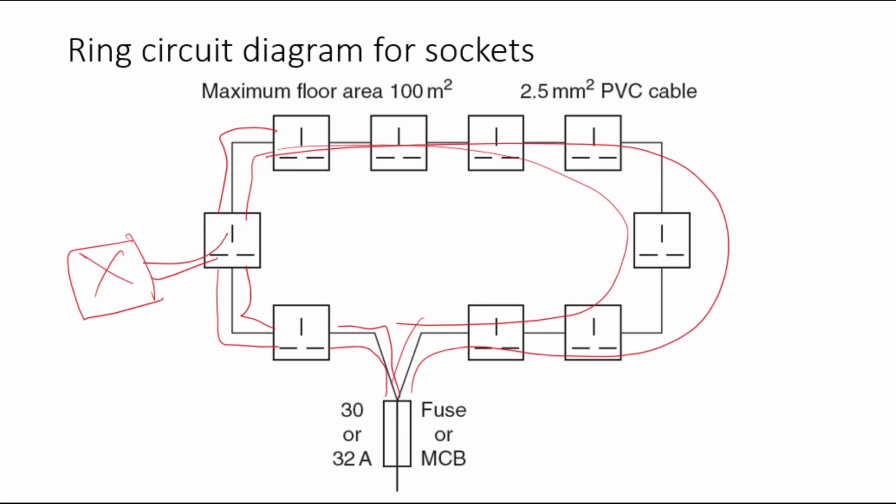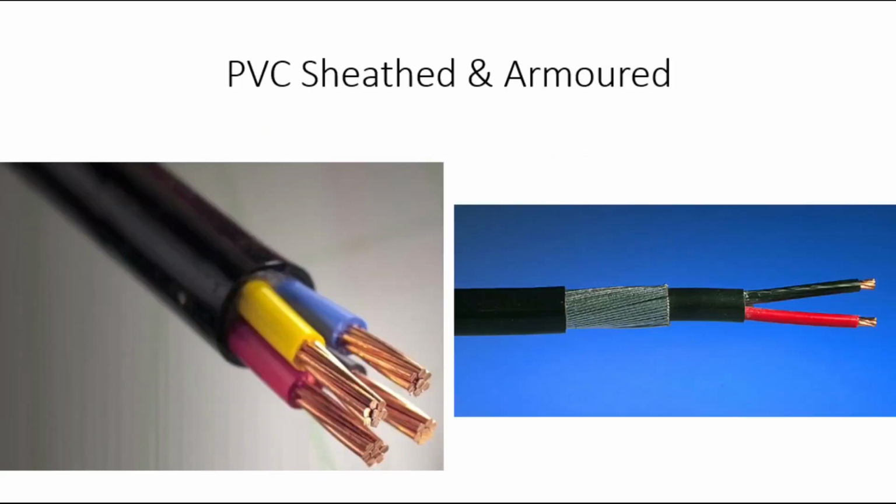So to finish off, let's look at some of the types of cables that are used with various wiring types. So here are various wiring systems. One of the most common systems is PVC sheathed or armored cables.